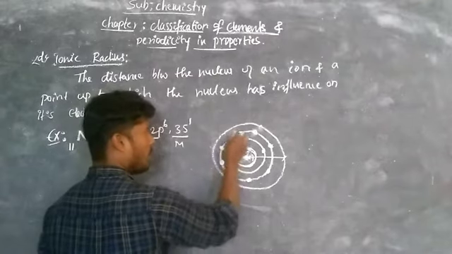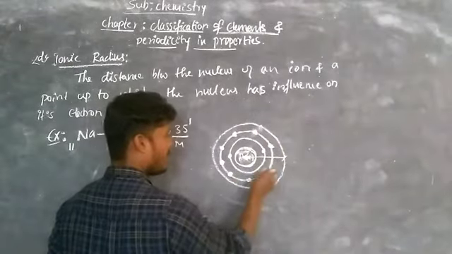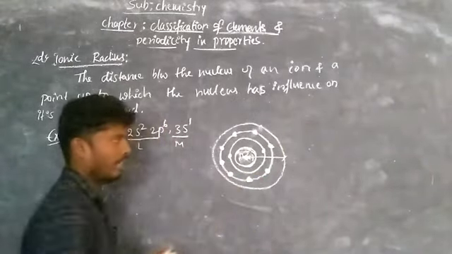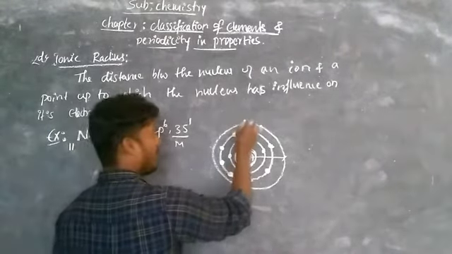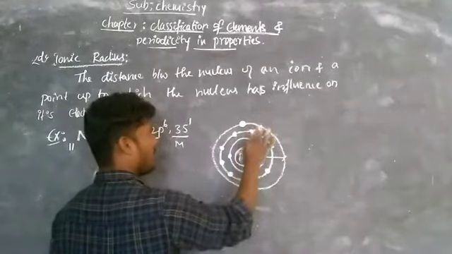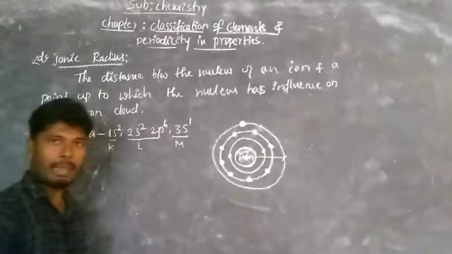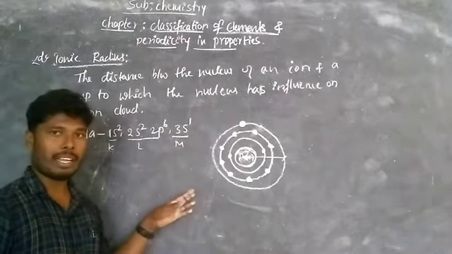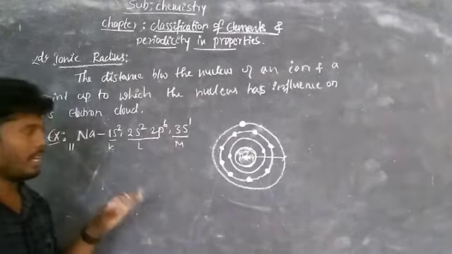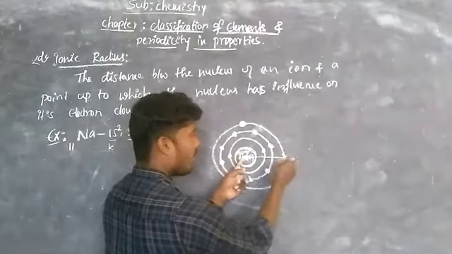Now the M shell has one electron. Take here 1 electron in the M shell. Now this is the ionic radii, from here to here, this is called the ionic radii.